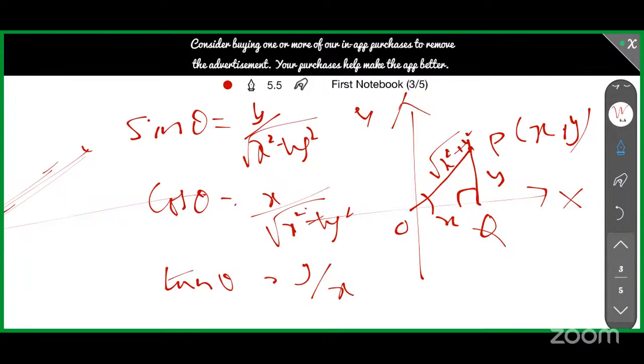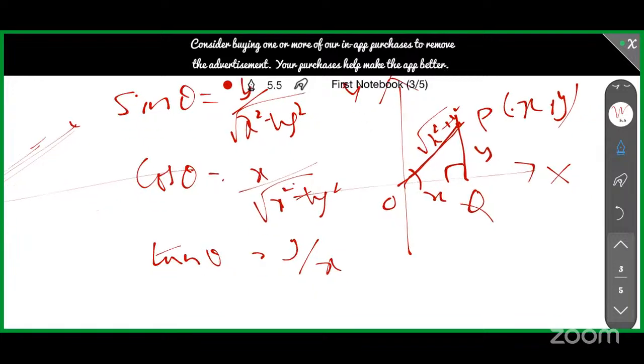And angle theta is nothing but the angle of inclination of the modulus from the x-axis. So this is my modulus, correct? OP is my modulus, and angle theta is the inclination of this modulus from the x-axis.